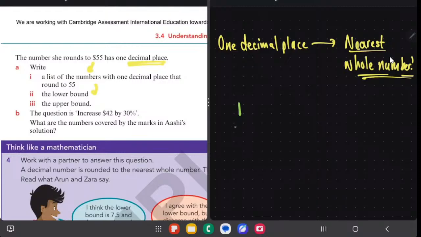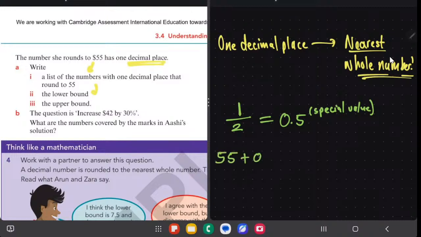You divide it by 2 so that you get your special value, and you get 0.5. This is our special value. Are we together? Now we want to list the numbers and everything. We add the special value and we subtract it as well.